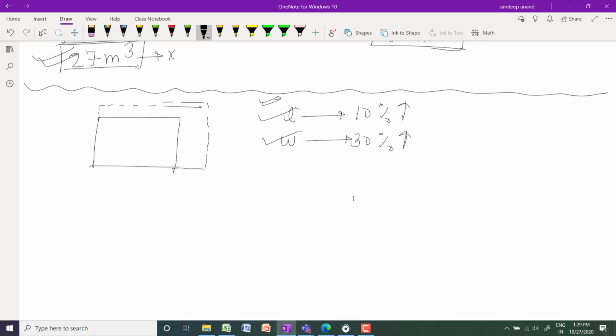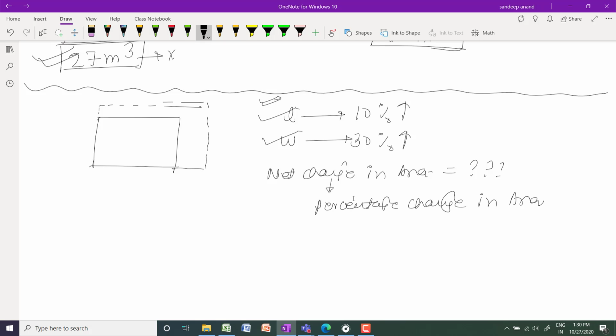What will be the net change in area? Net change in area, that you need to find out. You can say, what is the percentage change in area? Percentage change in area, that you need to calculate.